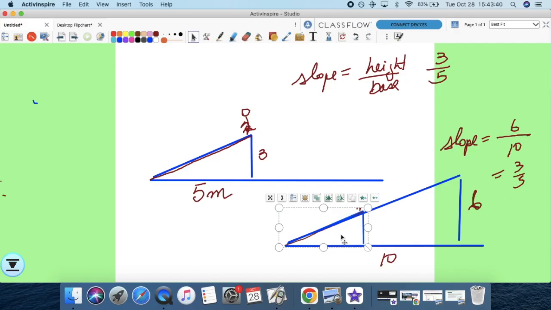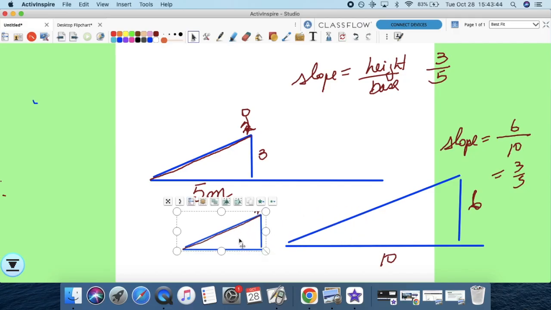And again, you notice that if I put them side by side, I know they're similar because the corresponding sides are proportional, and I have this angle, which is equal to this angle, right? They're both 90 degrees, and if I subtract 180 minus that angle and the 90 degrees, I would get these two angles to be equal to each other. So, angles are congruent, and the side lengths are proportional.